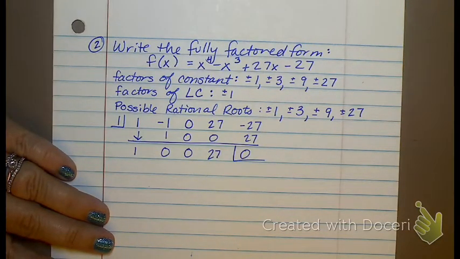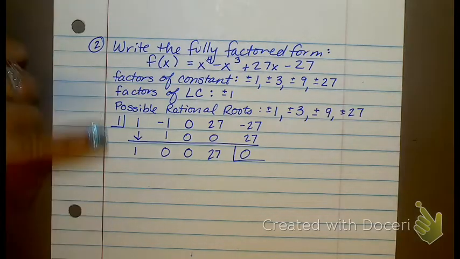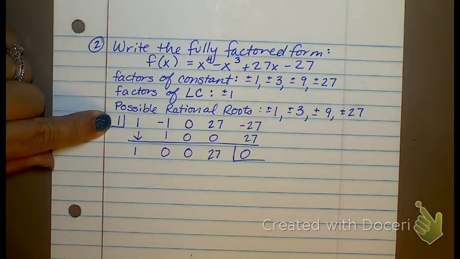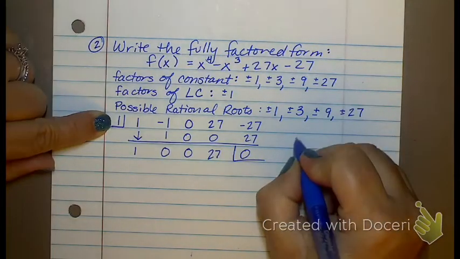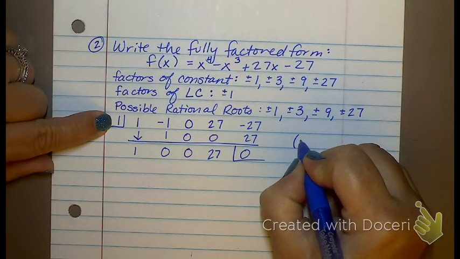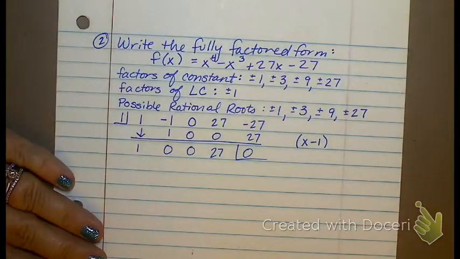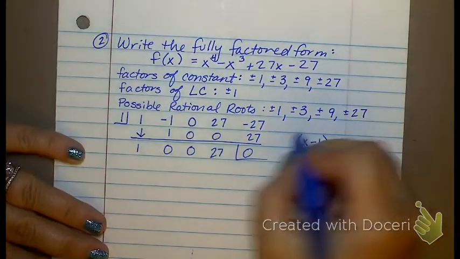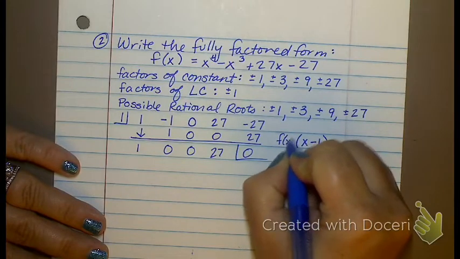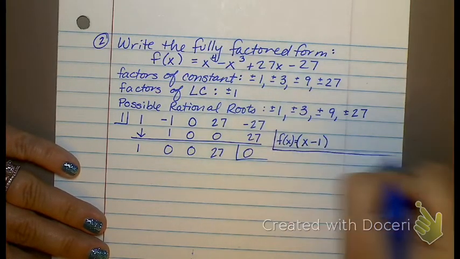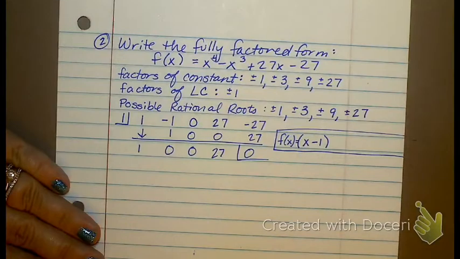Now, is it asking for the zeros or is it asking for the factored form? Factored form. So if 1 is my answer, what did the parentheses look like originally? X minus 1 is an answer. Or x minus 1 is the parentheses, I should say. So f of x equals, that's the beginning of my answer.